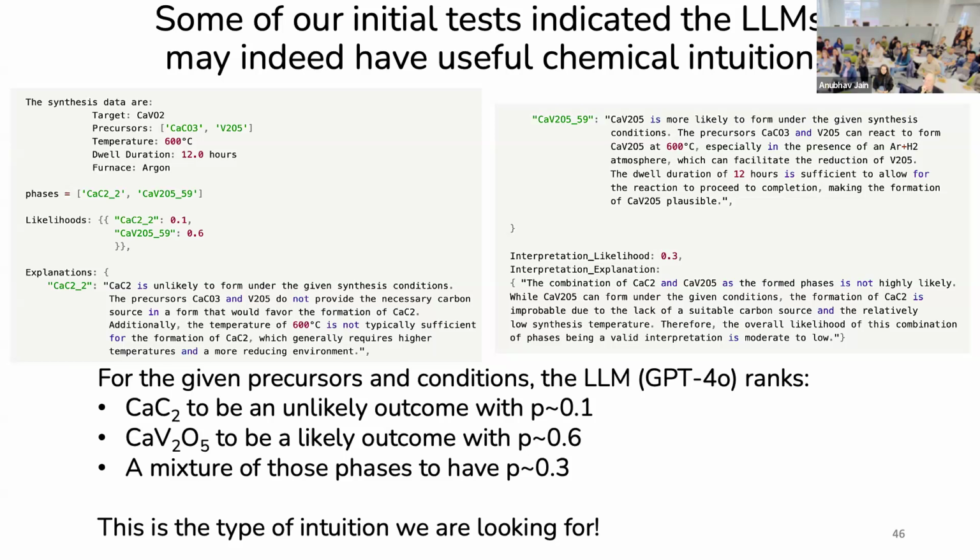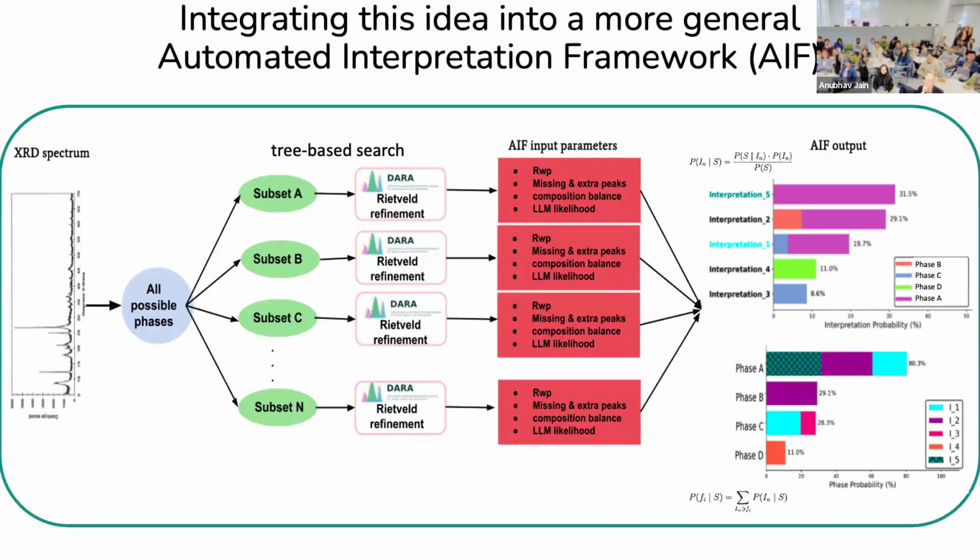So what we did is that, given an XRD spectrum, we first used the DARA software to enumerate all the different trees and subsets of combinations of phases that might be there. We try to fit them as best as possible using the DARA software. But then we add another layer on top, which is this AIF, or artificial intelligence framework, that looks at other things like, well, how likely chemically is this to exist based on composition balance and LLM likelihood.